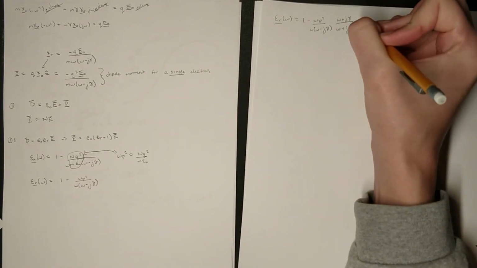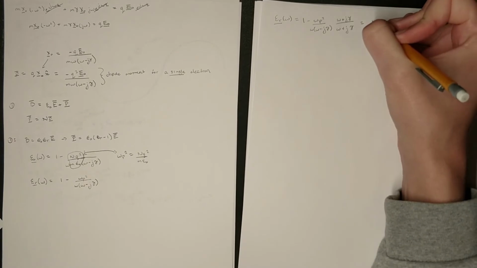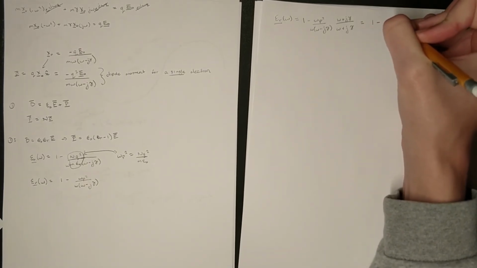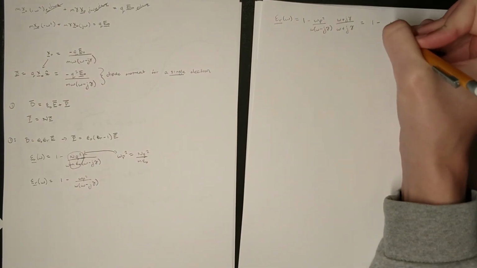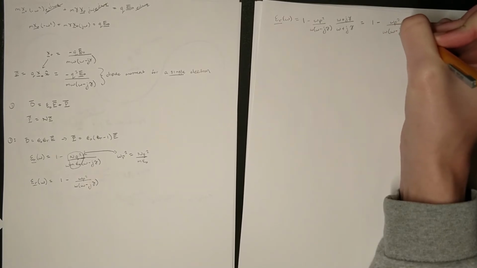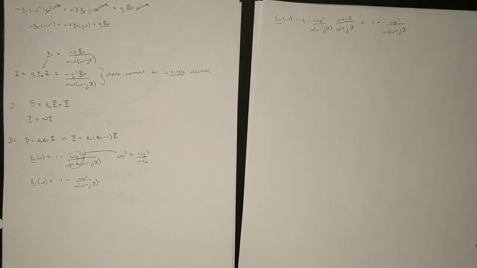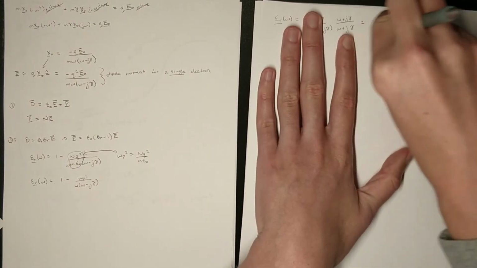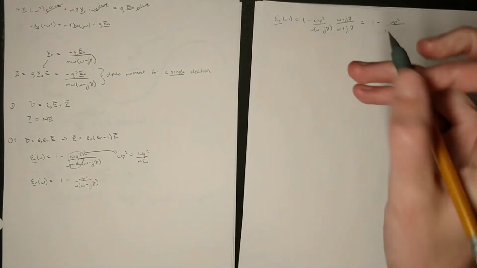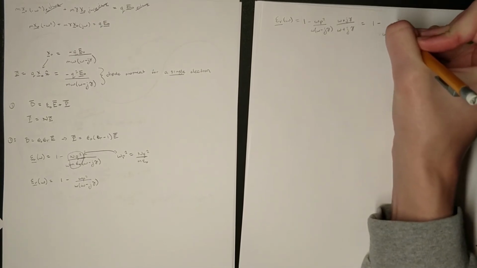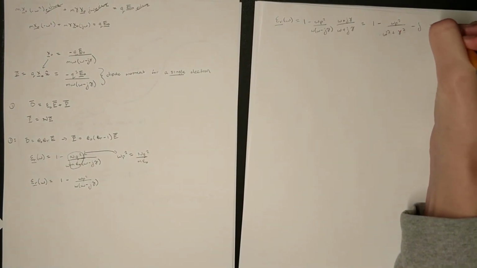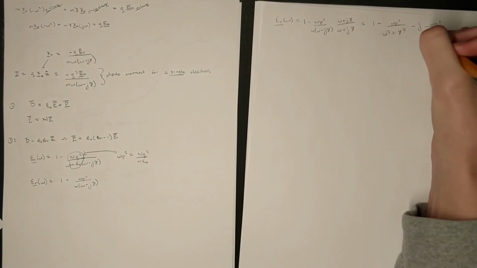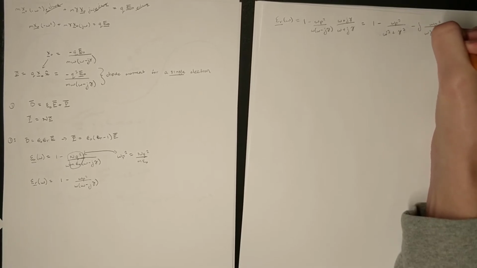And this yields that the permittivity is equal to 1 minus our plasma frequency squared divided by omega times omega minus, over omega squared plus gamma squared, minus j omega p squared over omega gamma times 1 plus omega squared over gamma squared.